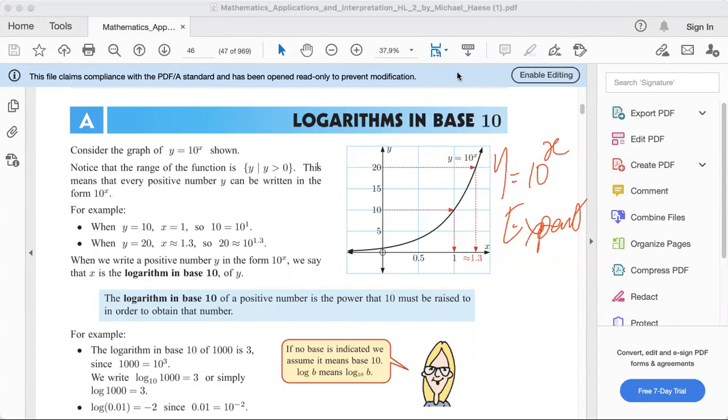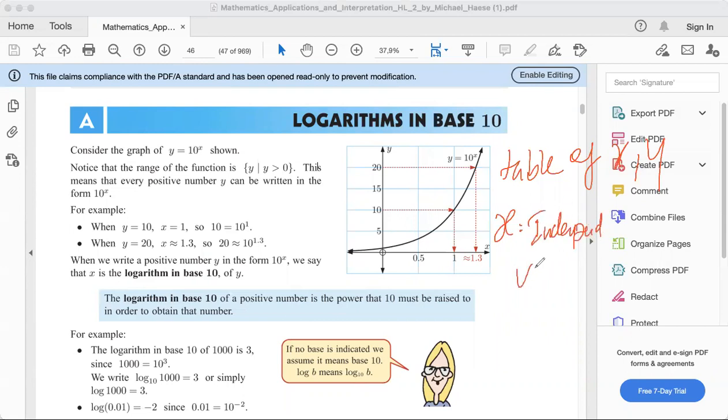We can have this graph because we create a table of values of x and y. x we call the independent variable, and y is the dependent variable, which depends on x. When you give x, y will have a value also.